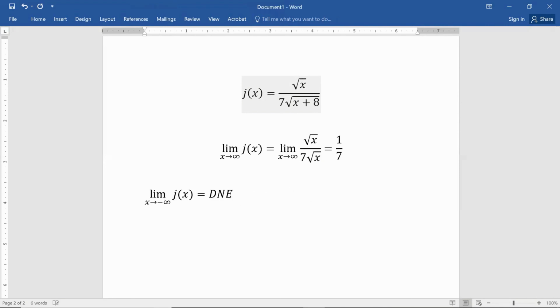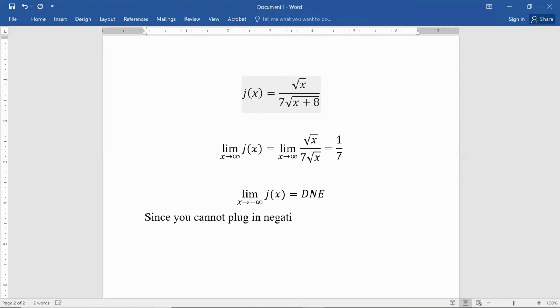So this limit does not exist since you cannot plug in big negative numbers. That's not real well defined, but you understand what I mean by that. Big in terms of absolute value, but negative.